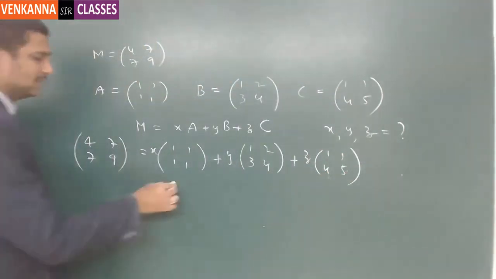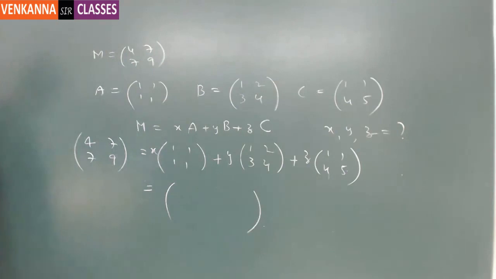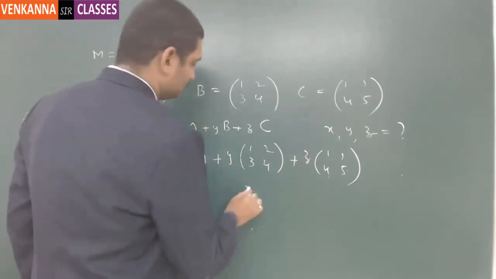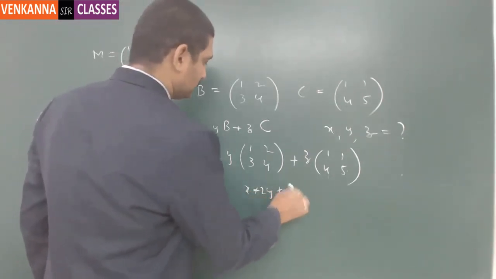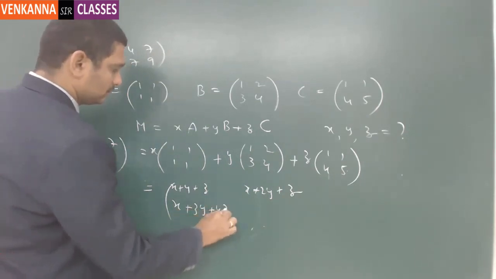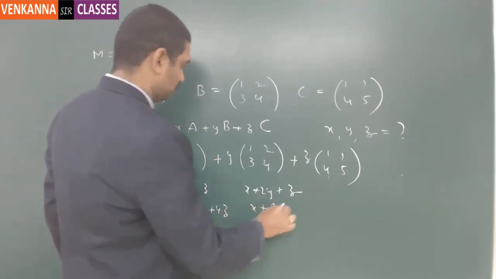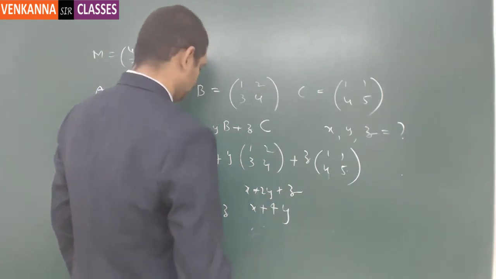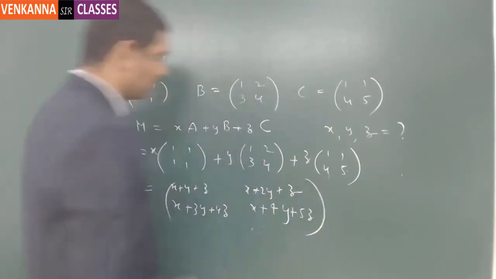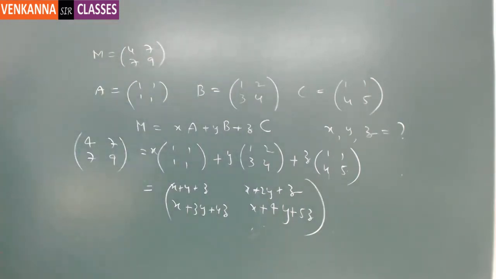So you will get a corresponding system here, which is x plus y plus z. If you equate them, you will get a corresponding system of non-homogeneous equations.